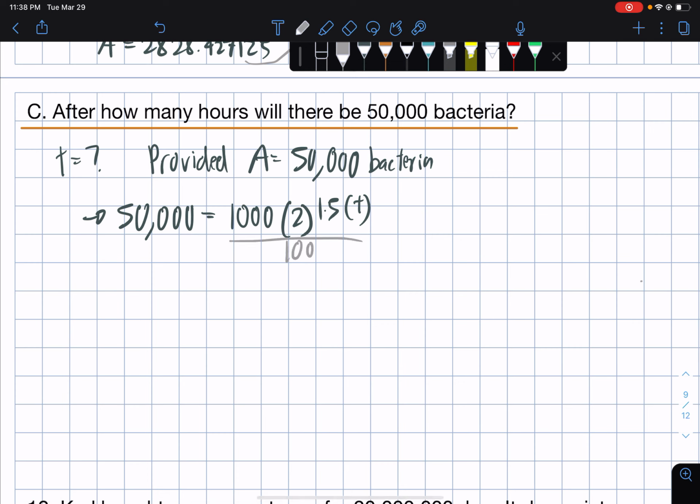Divide both sides by 1,000. 2 raised to 1.5T is equal to 50,000 divided by 1,000, which is 50. So put log on both sides.